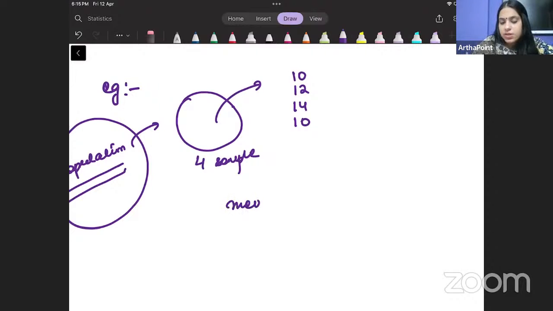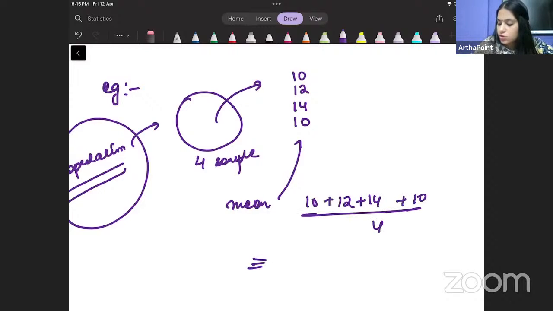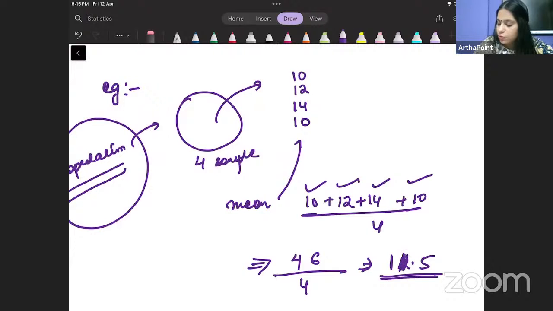Can you tell me what will be the mean? Mean will be 10 plus 12 plus 14 plus 10 divided by 4. So this is going to be 14 plus 10, 24, 34, 46 divided by 4. So this is going to be 11.5. It will be 11.5, right?